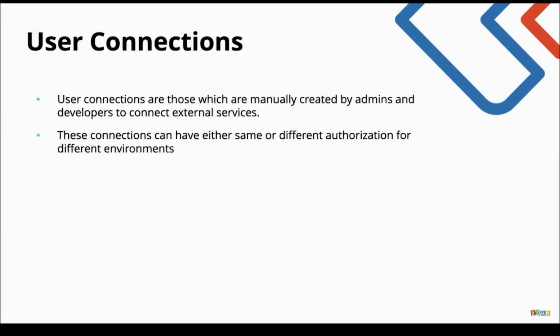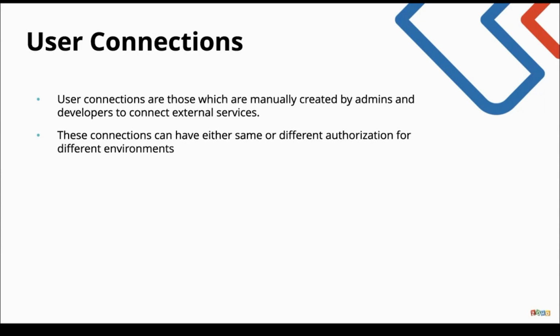And coming to user connections, these are the connections which have been manually created by the admins and developers. So like the one which we established for video. Okay, so that is a user connection. We have to go manually. We have to connect that to the external service. We have to get the credentials, pass them on, do the authorization, and then we have to provide access to the application.